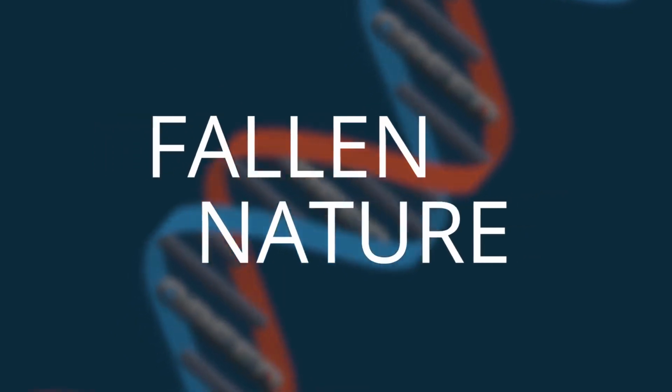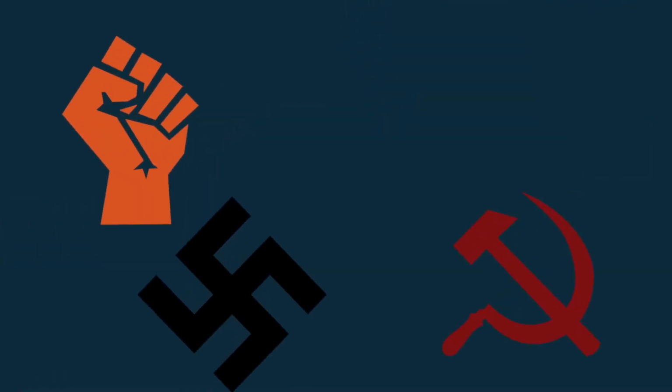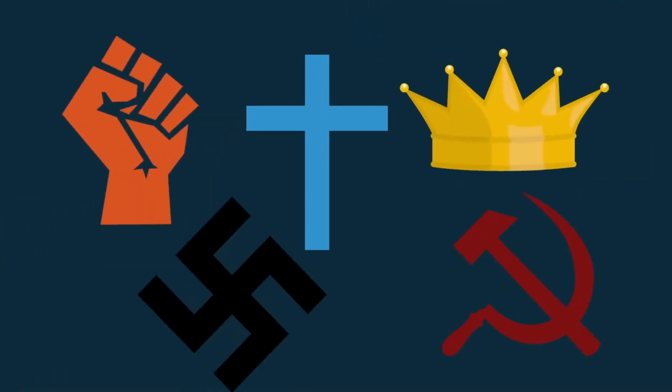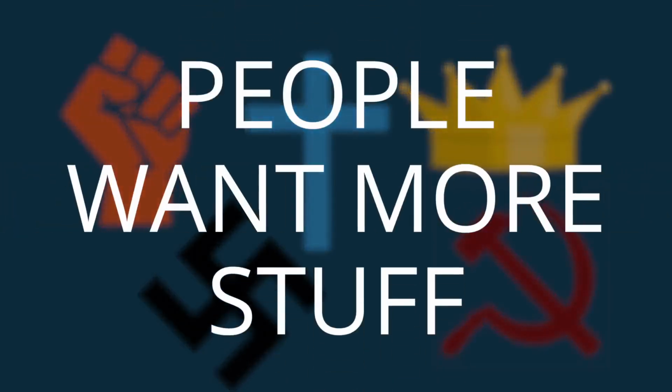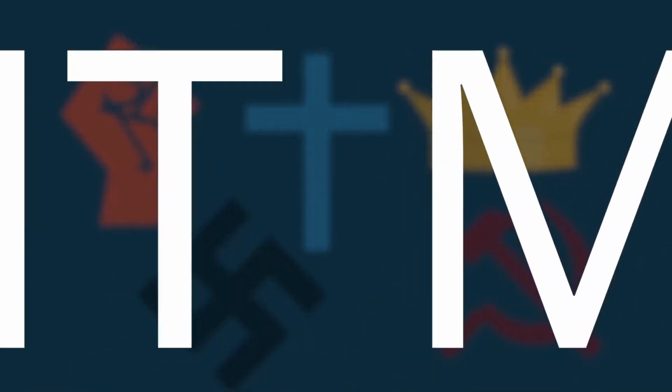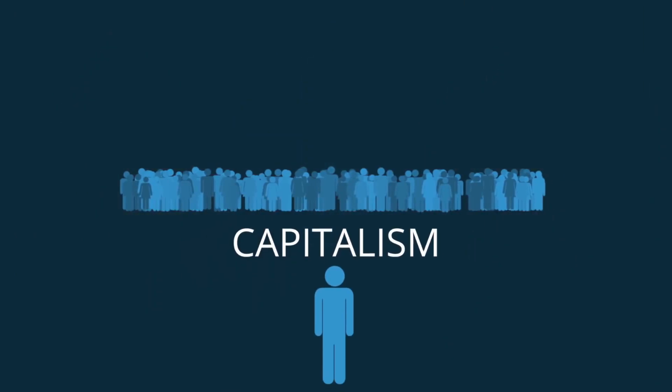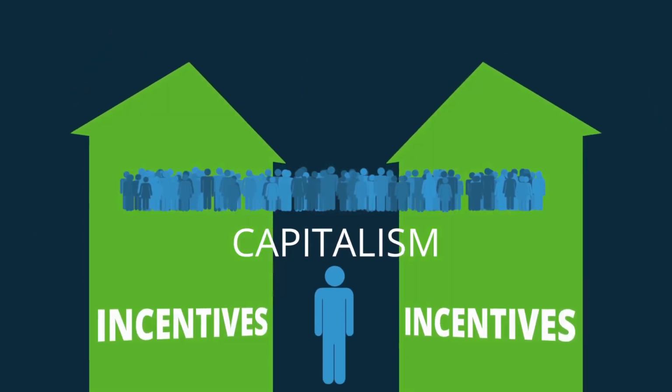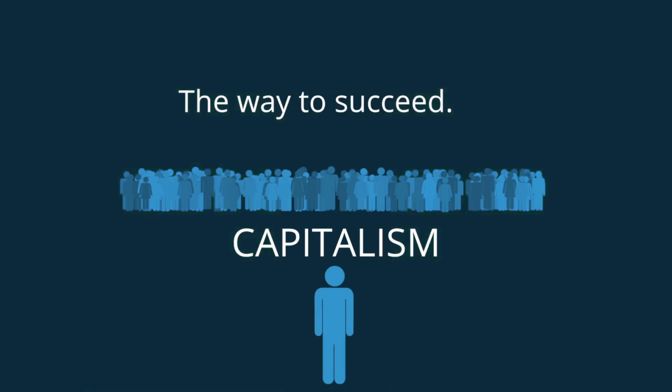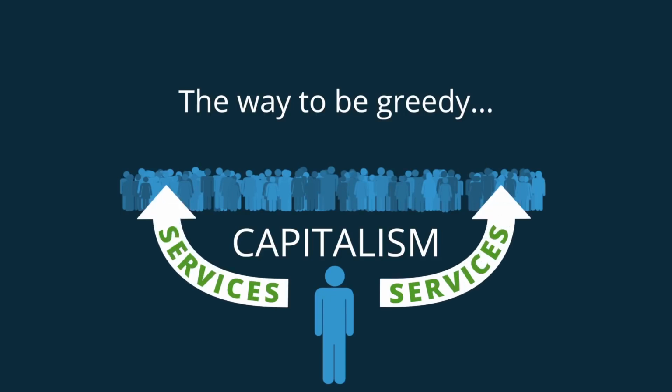Under any system, socialism, communism, fascism, absolute monarchy, theocracy, people want more stuff. The unique quality of capitalism is that it structures the incentives so that the way to succeed, the way to be greedy, if you insist on using that vocabulary, is to offer a service to the people around you.